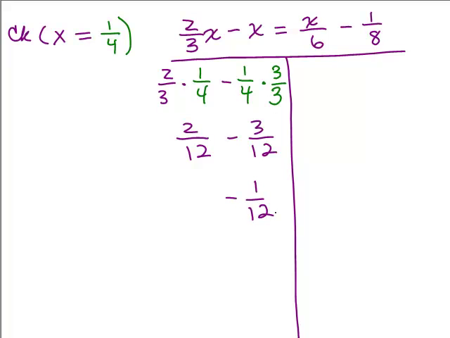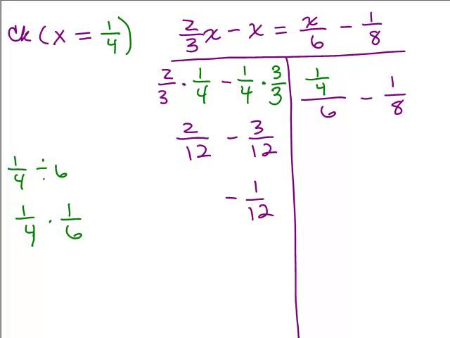So the left-hand side, when you plug in 1/4 for x, simplifies to negative 1/12. Now the other side. I'm going to put in 1/4 for x there. So I've got 1/4 over 6 minus 1/8. Before getting a common denominator, you want to simplify this fraction. 1/4 divided by 6 means 1/4 times 1/6, right? So I'm going to write it that way.